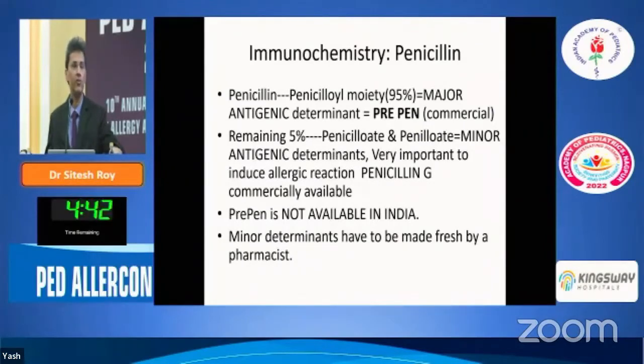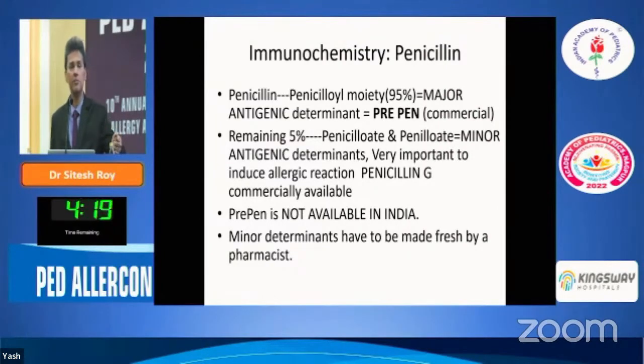I have tried very hard to get it here, but in terms of availability and routes, it is not a common thing that we can get. The remaining agents, which are called the minor determinants, penicilloate and penilloate, which are antigenic determinants, can be tested through testing for PenG, which is what we have in the intravenous form.